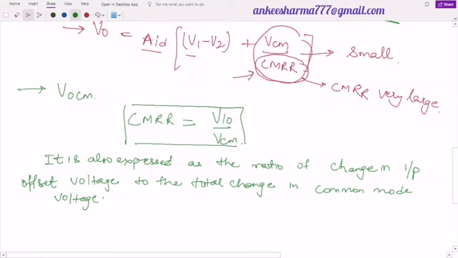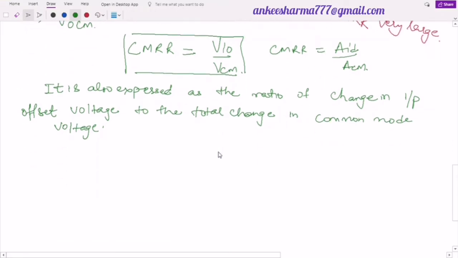Now if I take my previous formula, that is CMRR is equal to AID upon ACM, that is also another formula. In place of this ACM, I can write that ACM is equal to the output voltage due to the common mode signals divided by the input voltage of common mode, that is VOCM by VCM.